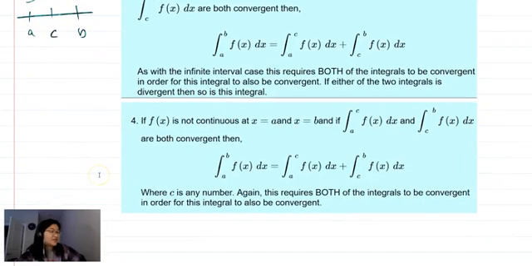And if you have discontinuity at the ends, that's okay too. You can still handle it, but again, you need to have convergence on both of the things you're adding together, otherwise it breaks math and you don't have a convergent integral on the whole interval.